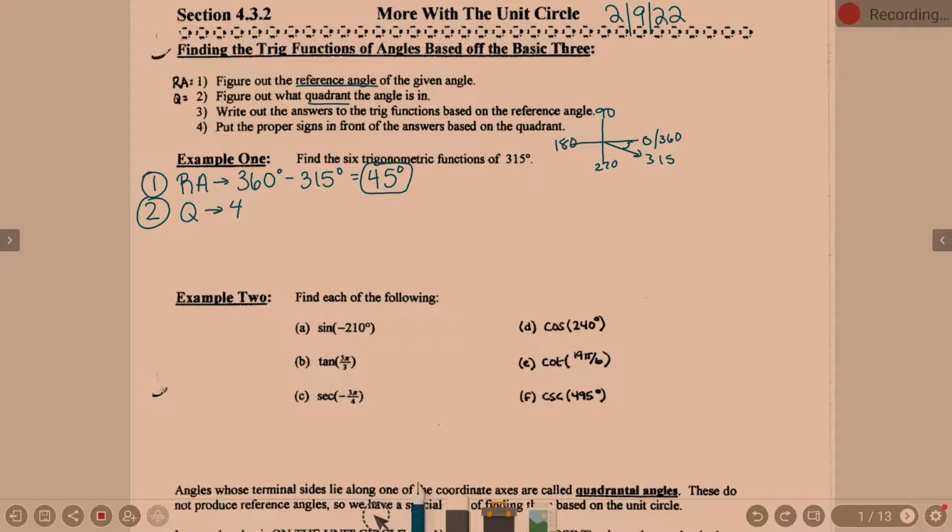If you want to think about it, this is kind of what it's leading us to. It's over here in quadrant 4, right? Our reference angle is how far we are from the x-axis, which is 45 degrees from the x-axis. What did I teach yesterday?